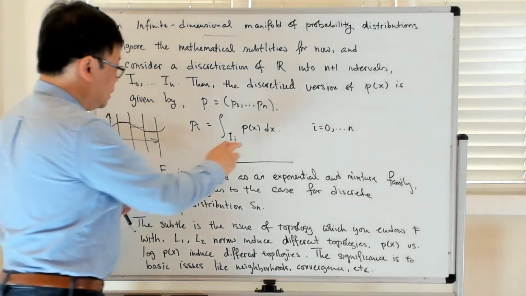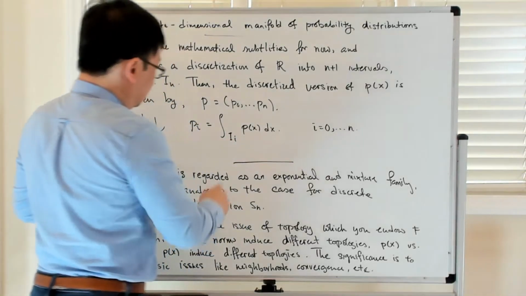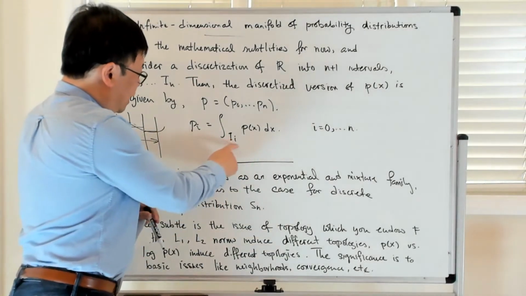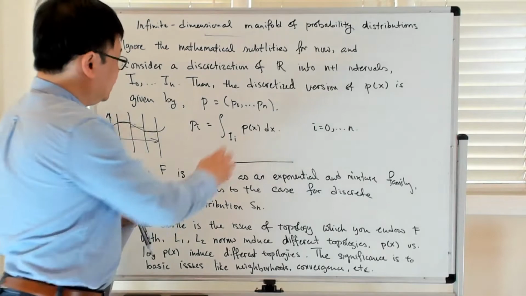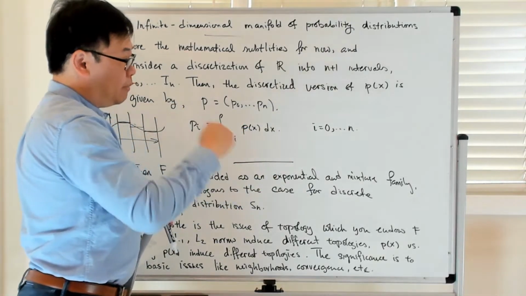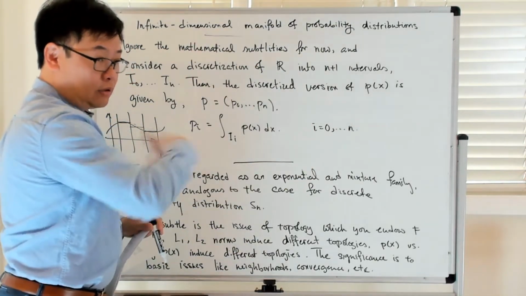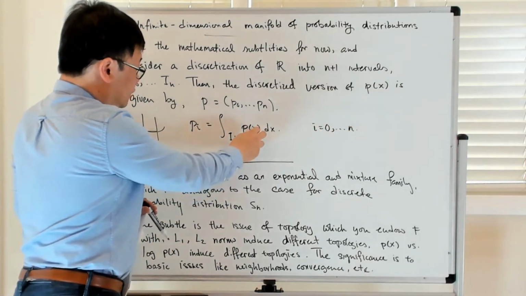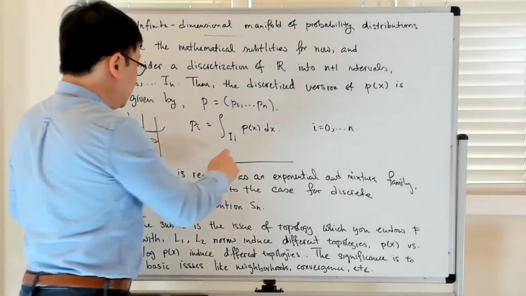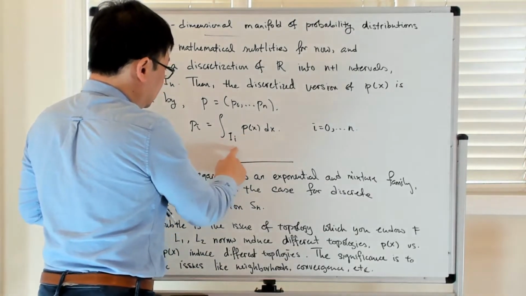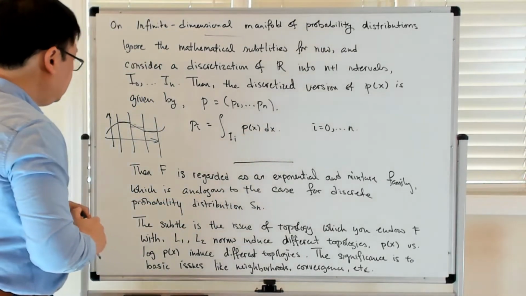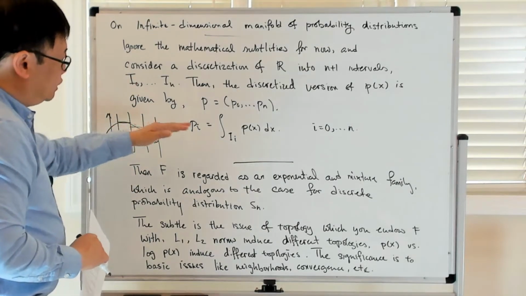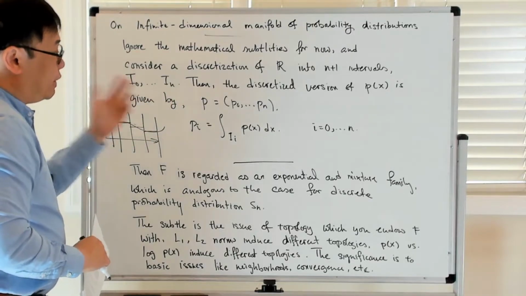And so you can think of this integral over the interval I sub i as taking p(x), multiplying it by a characteristic function, and integrating over the entire space. So here the dual test functions, for lack of a better term, are the characteristic functions associated with I sub i.